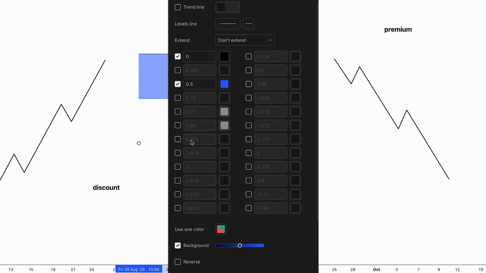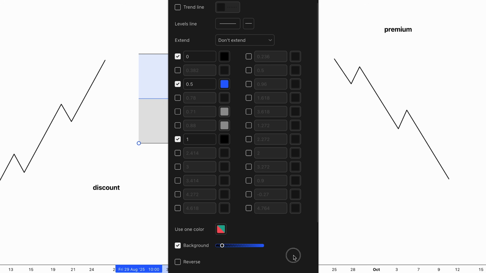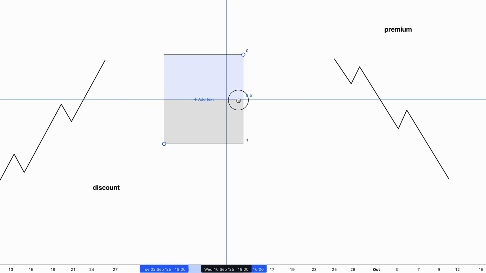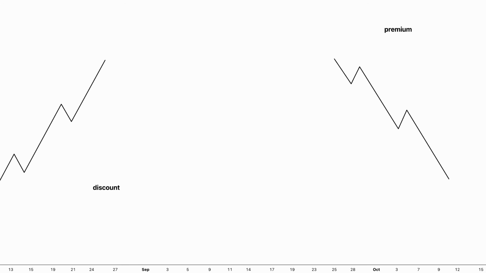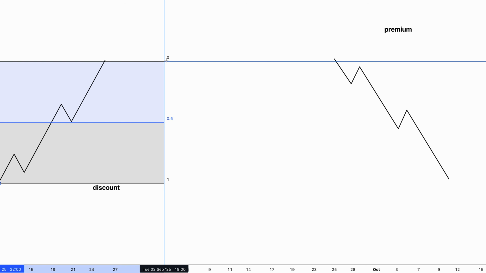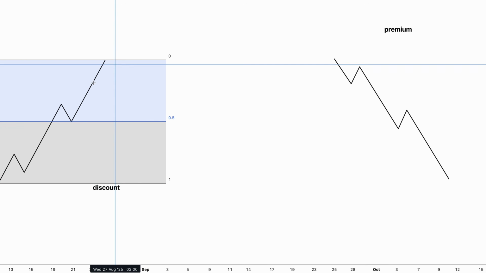Basically what this is doing here is showing the discount and the premium, okay? So we have a 50% mark marked on. And what this does is allows us to run this across price, and it's going to determine whether we're in the top half or the bottom half of a price move. So if we do this, then we draw from the bottom to the top in an upward move.